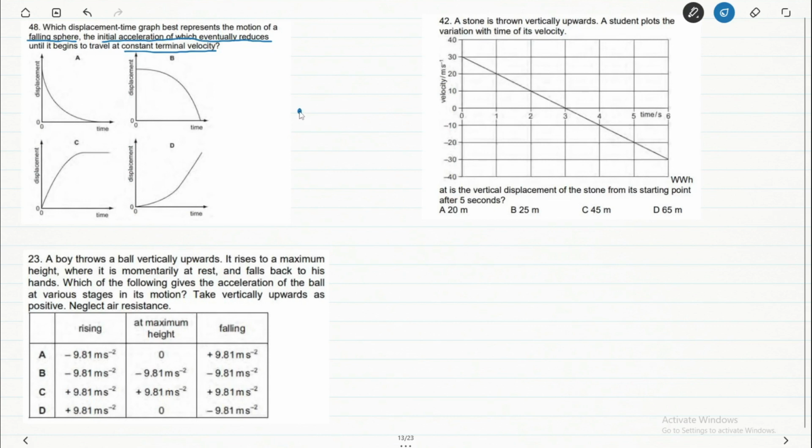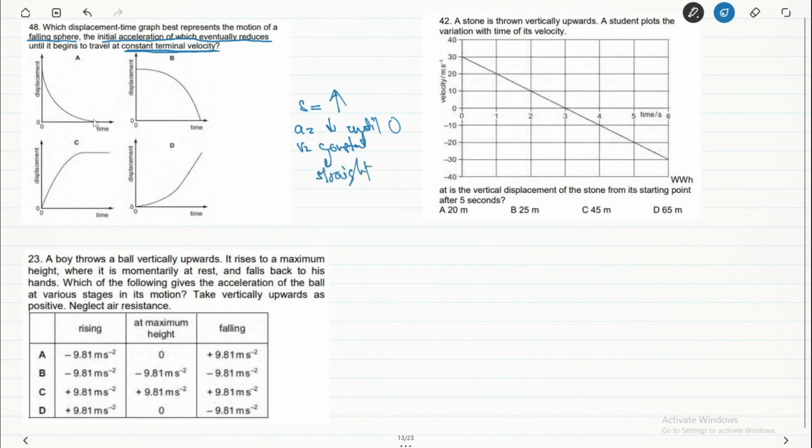The first thing you need to understand about the graph is displacement is increasing, acceleration is decreasing until it reaches 0 because it's at a constant terminal velocity at the end. So the graph for constant velocity would mean a straight line.